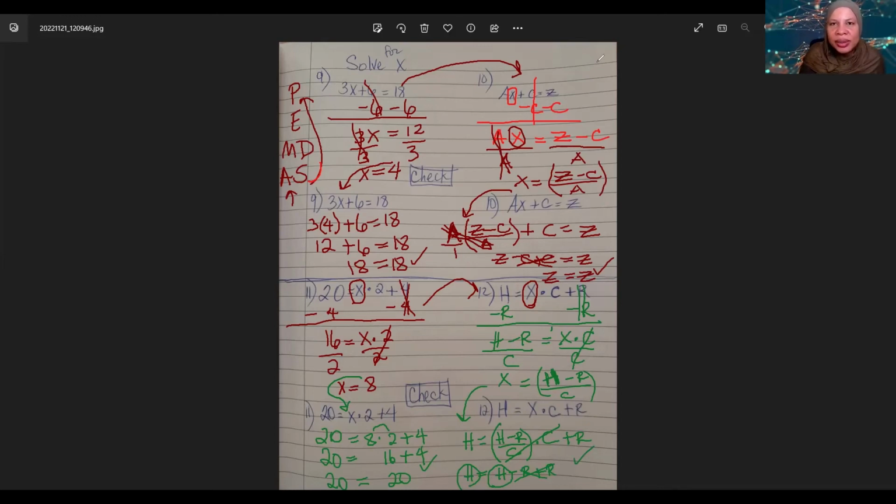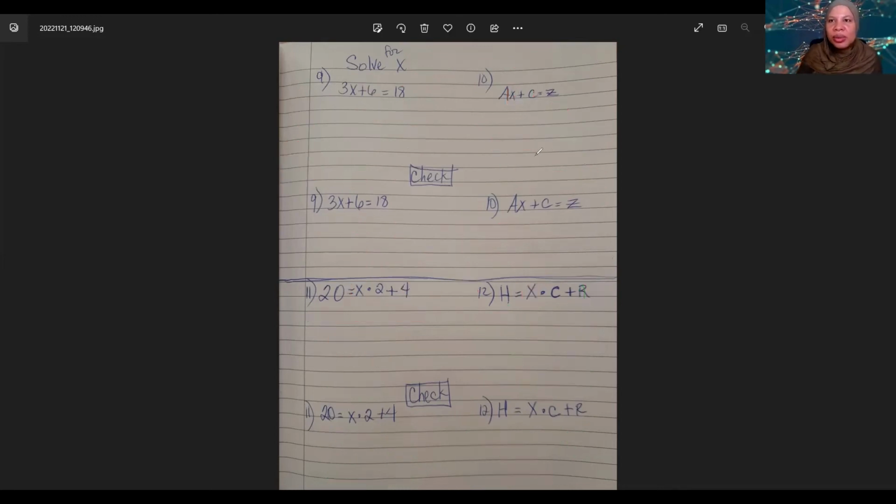I'm going to clear this out and then go to the next page. I'm going to see if it lets me go this way. If not, I'm going to use this. Let's see, do I have it? Is it coming?